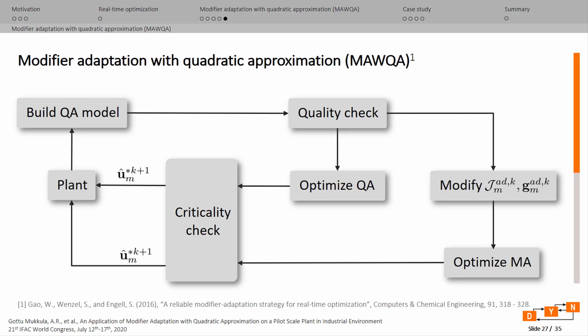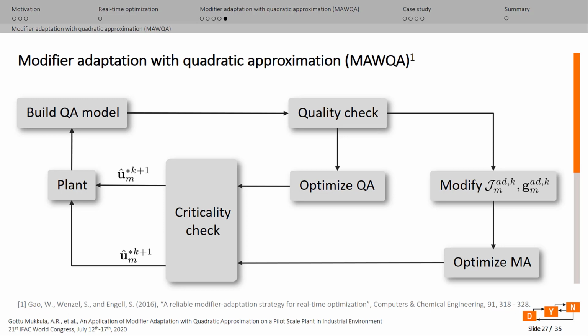Before applying the input to the plant, the criticality check step is performed, and if required, it updates the input. These steps are performed iteratively to converge to the plant optimum. This is modifier adaptation with quadratic approximation briefly. For more information about the algorithm, please have a look at this article.